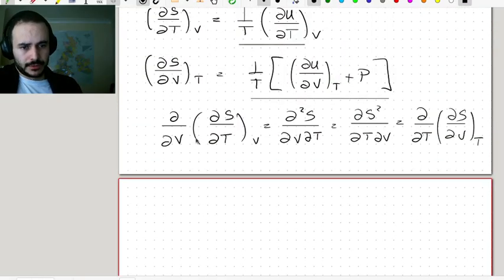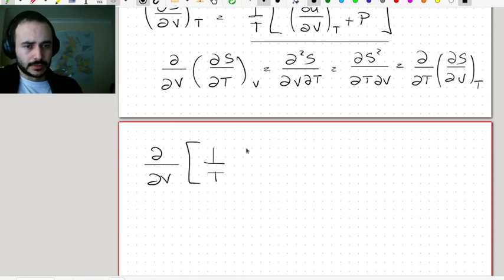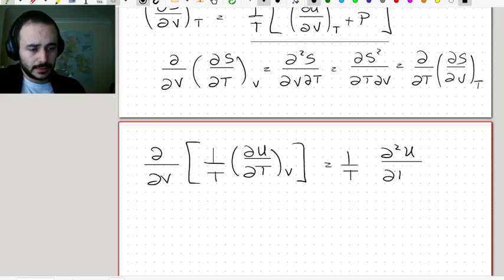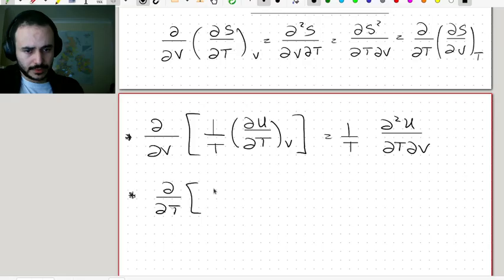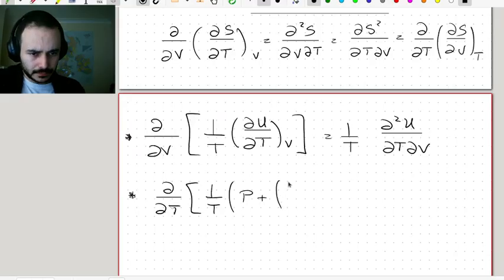The first thing we have to do is take the derivative with respect to volume of 1 over T times the partial derivative of U with respect to T at constant V. Because V and T are independent variables, the 1 over T goes outside, and here I get the second derivative of U with respect to T and V. The second thing we need is to take the derivative with respect to temperature of 1 over T, and here we have pressure and the other derivative, the partial derivative of U with respect to V at constant T.